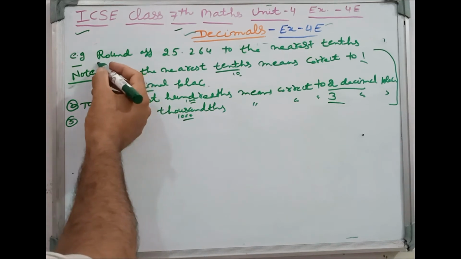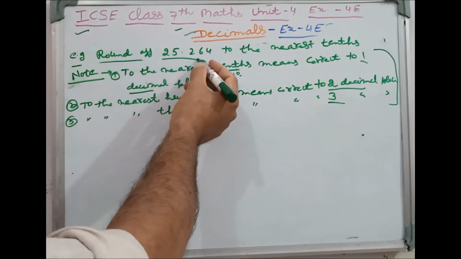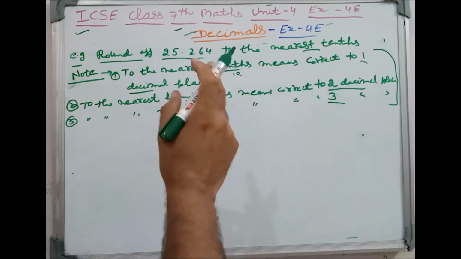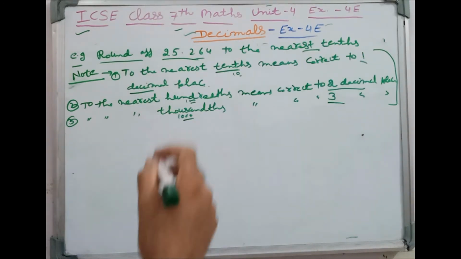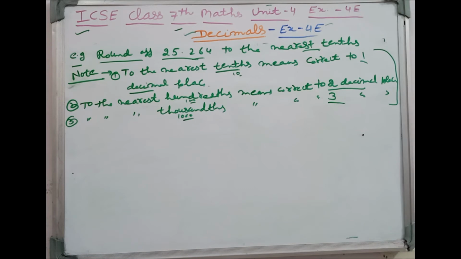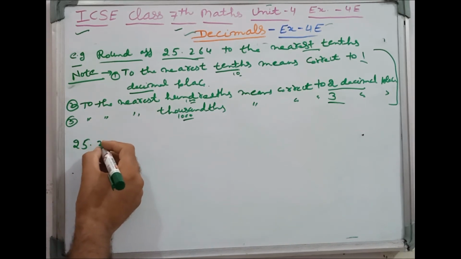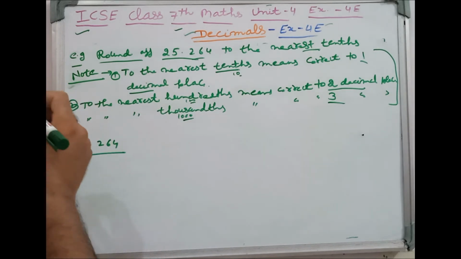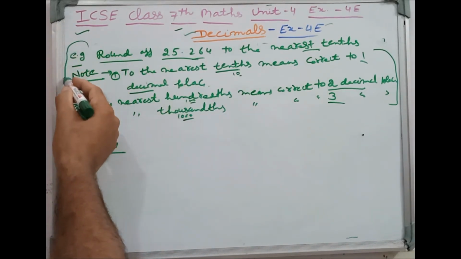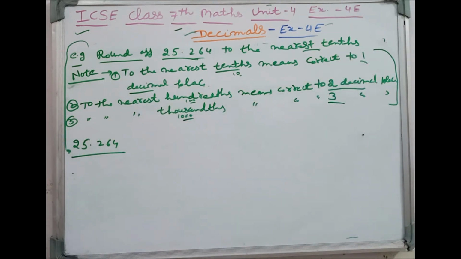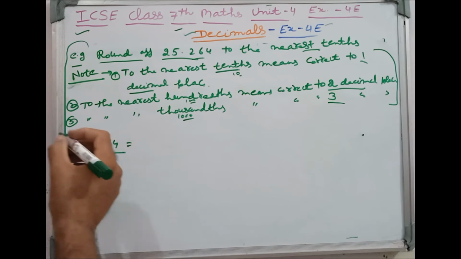Now, in this question, round off 25.264 to the nearest tenth. Nearest tenth means correct to one decimal place. So our given number is 25.264. We are going to solve this here. These are for you to note down.